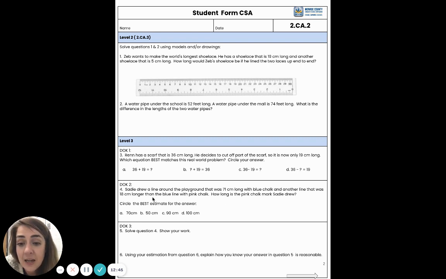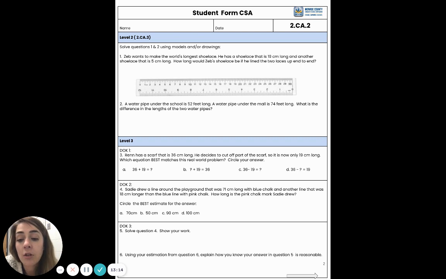Because up here you made an estimation based on what you knew about numbers 71 and 18, like your best guess of what would make sense for the answer to be. And then you solved it. And this answer, if you made a good estimation, should be close to your estimation. So using your estimation from question 4, explain how you know your answer in question 5 is reasonable.